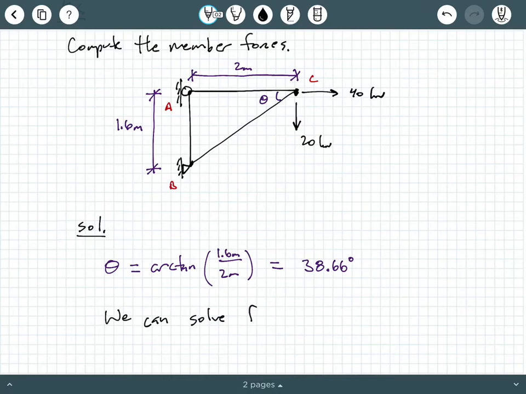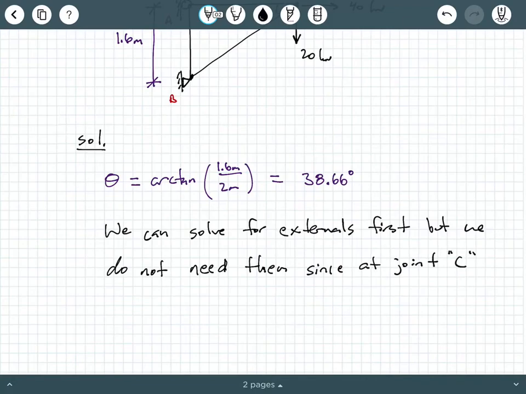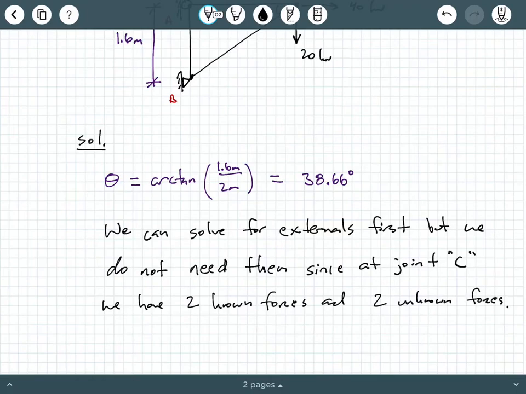The next question we wanna ask and kind of point out is, again, about external support reactions. We can solve for externals first, but we do not need them since at joint C we have 2 known forces and 2 unknown forces.